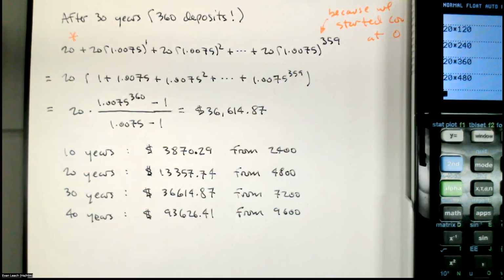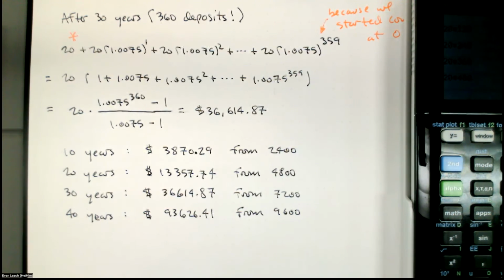Now, this is also just doing 20 bucks a month the whole time. Presumably, hopefully, at some point in the future, by the time you get to age 40, 20 bucks a month will be nothing. And that amount can increase. But notice that the amount that we're putting away is increasing linearly.